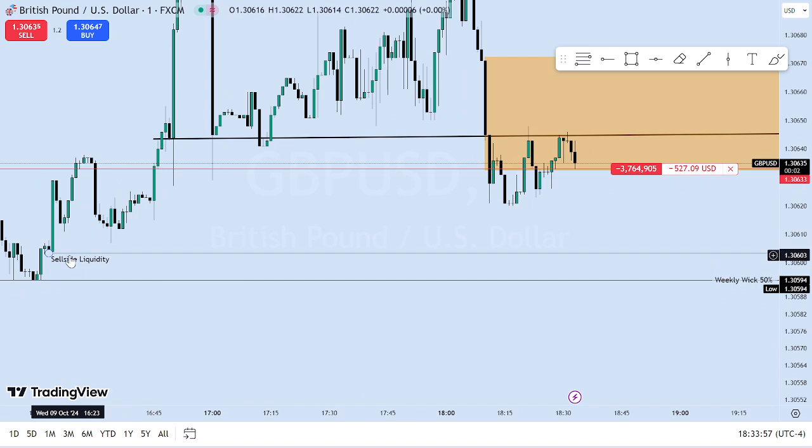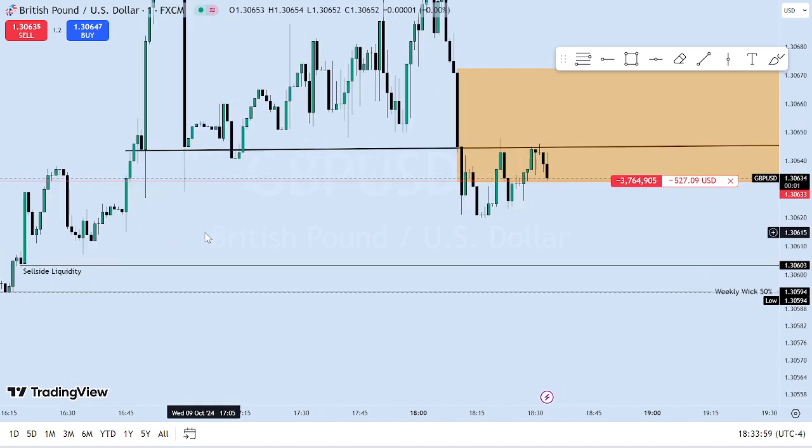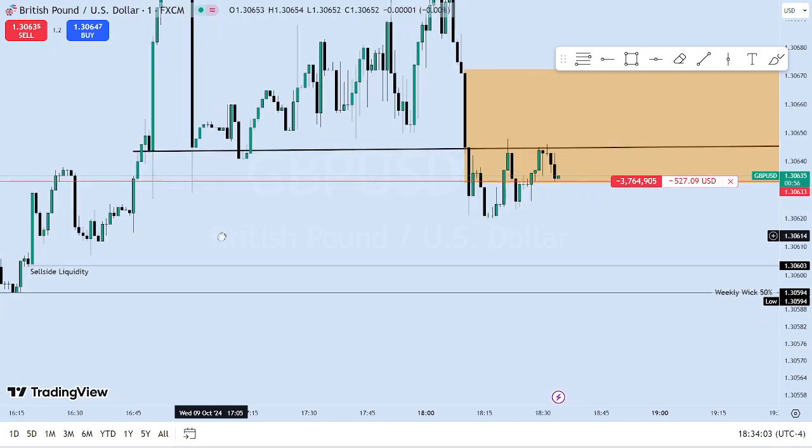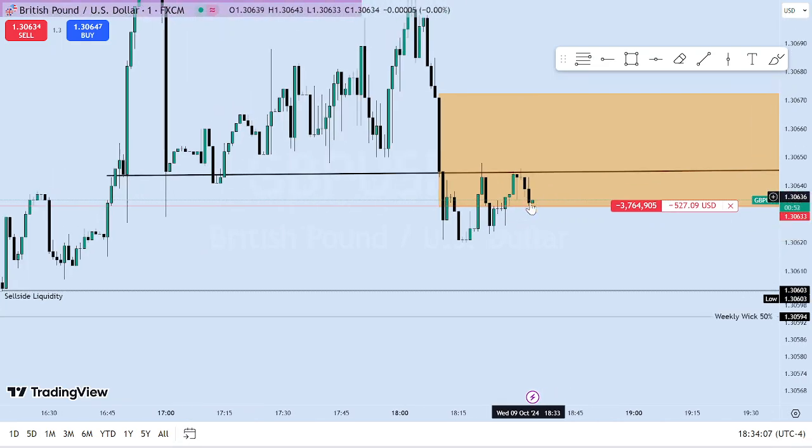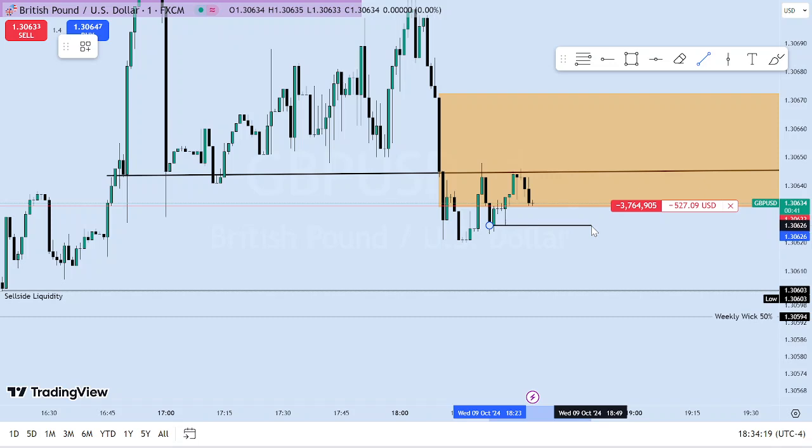Now we have this liquidity here. Now we are breaking low. I want to see price break below here. I want to see price break this, then we now turn to breaker.